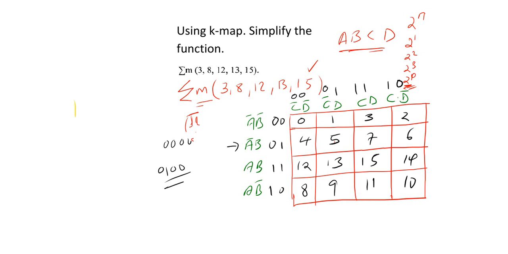We have 3. At where 3 is, we put a 1. We have 8. Where 8 is, we put a 1. We have 12. We have 13. We have 15. So that is that.